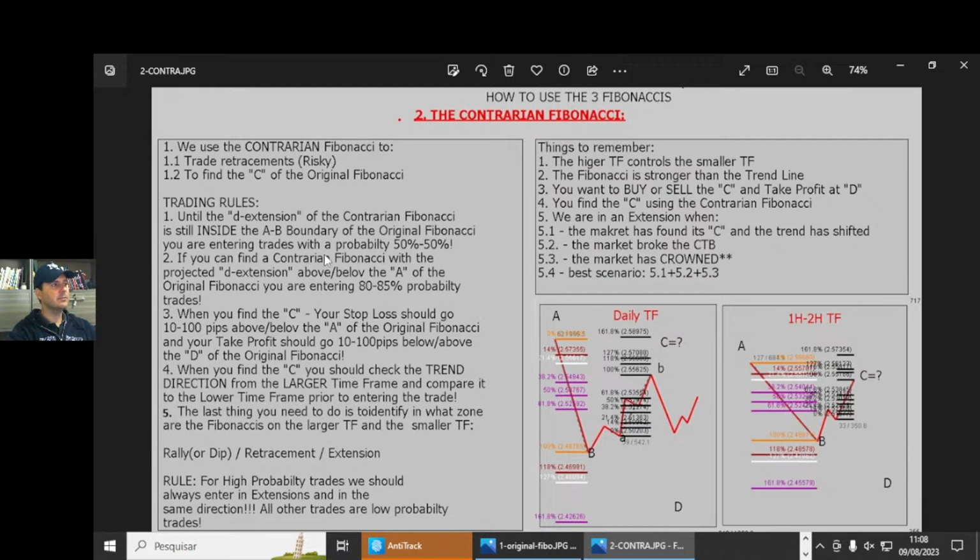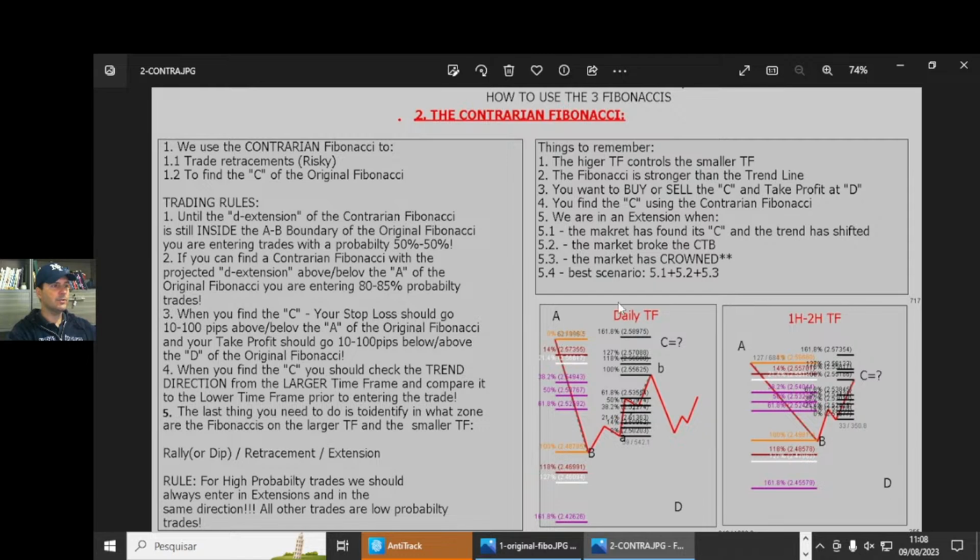If you can find the contrarian Fibonacci with the projected sub D extension above or below the capital A of the original Fibonacci, you are entering 80 to 85 probability trades. Wow, right? Can we not be skilled to take advantage of both directions? I'm not sure if I understand your question, Shola, but the answer is no. You must be skilled.